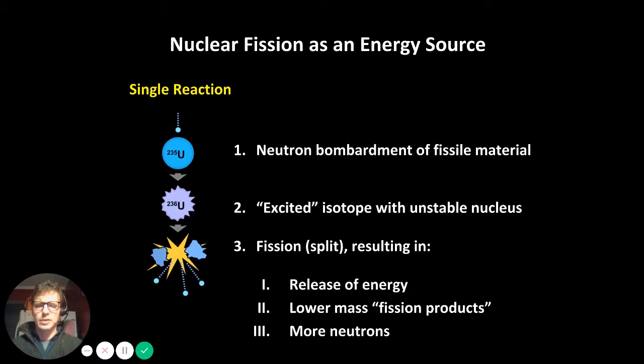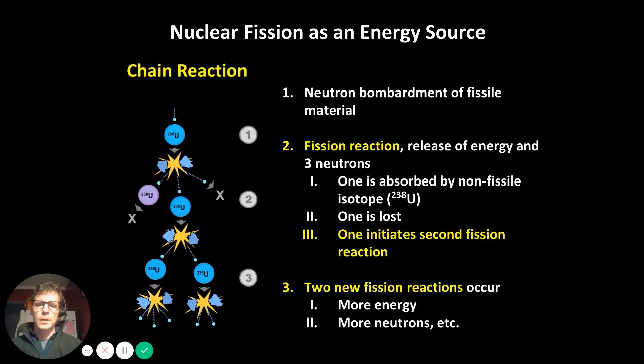When it splits, this is the fission, it results in a release of energy, as well as the split into lower mass fission products, which are those blue blobs that are shooting off, and then more neutrons. In this case, we see that the fission reaction creates 3 additional neutrons, which are flying off in 3 different directions. And so the key to using nuclear fission as an energy source is being able to sustain chain reactions.